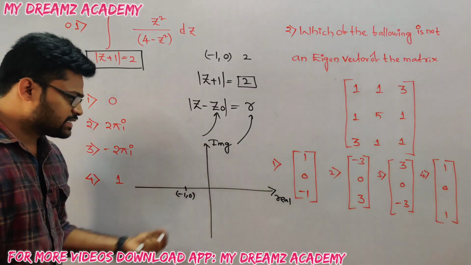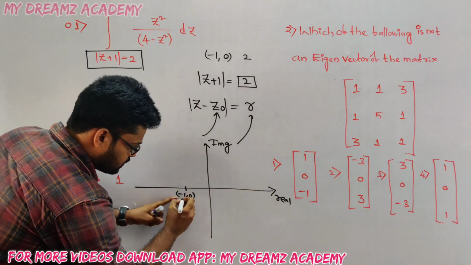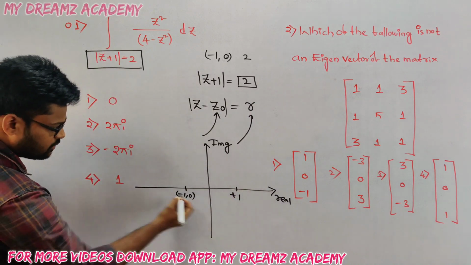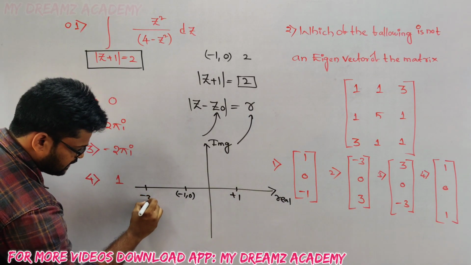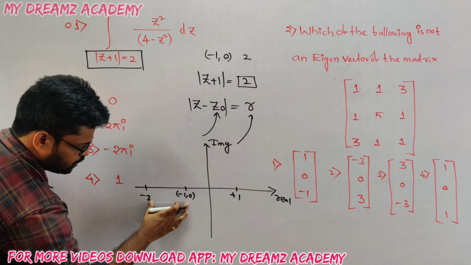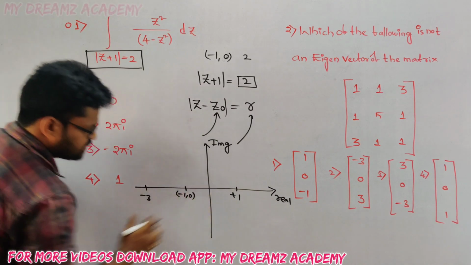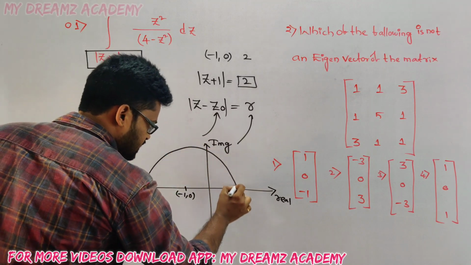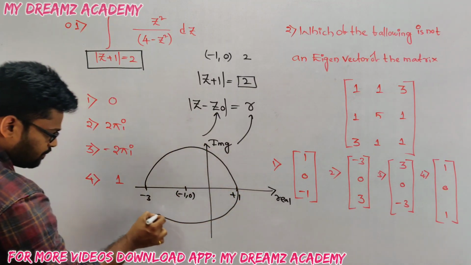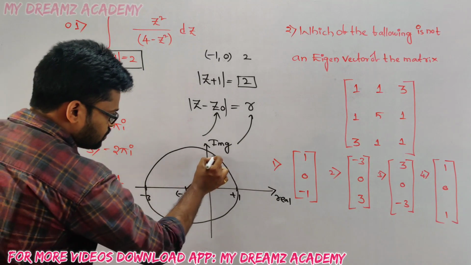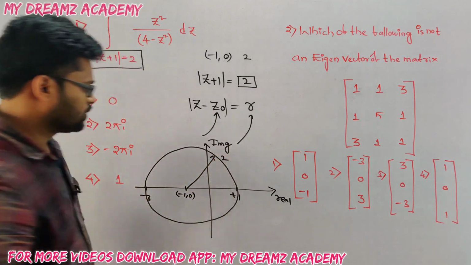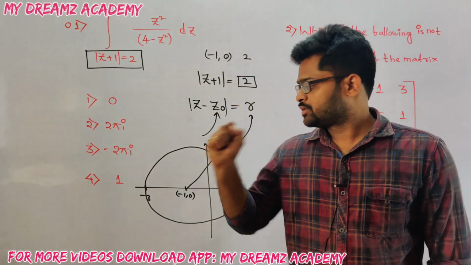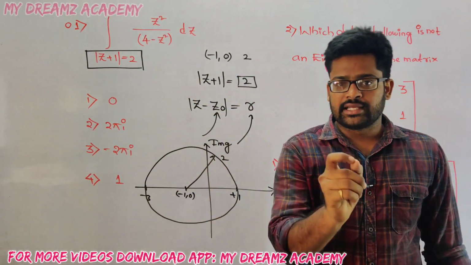So from minus 1 to the right, we reach plus 1; to the left we reach minus 3, so the distance is 2 on each side. Draw a circle with the center minus 1 comma 0 and the radius 2.